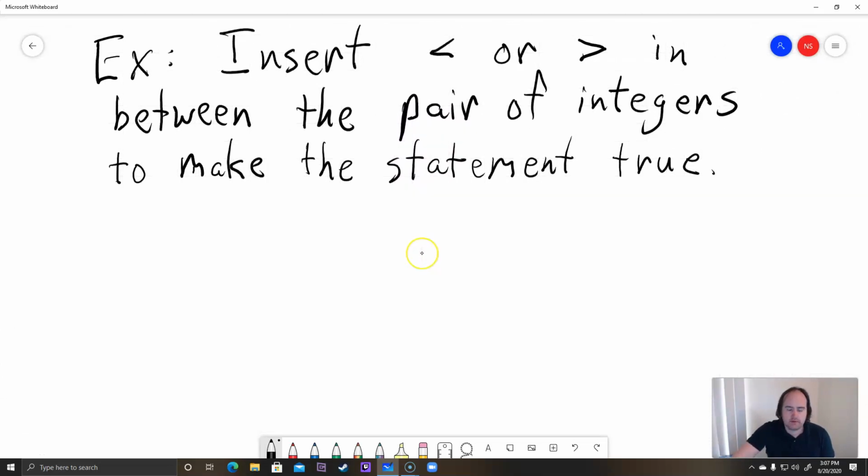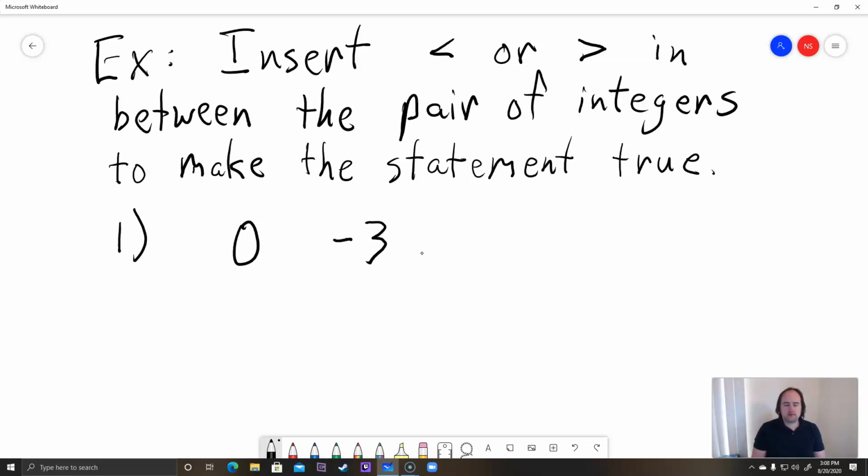So let's start with number 1, part 1 of our example. Let me pick a couple of numbers. So let's do 0 on the left and -3 on the right. Okay, so 0 and -3. So the question is, 0 less than or greater than -3?